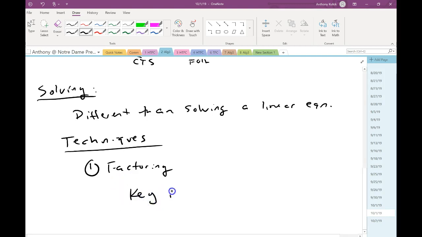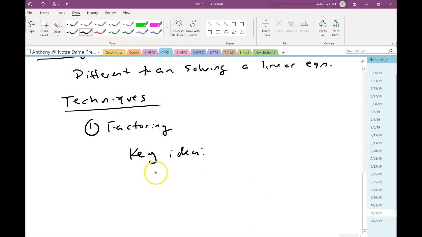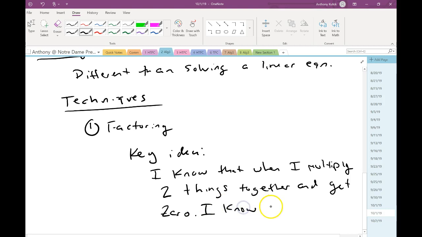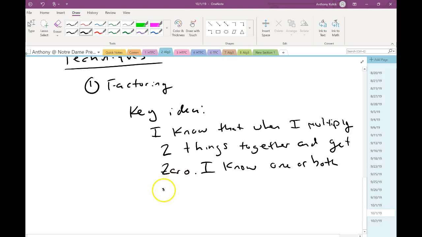So the key idea is going to be this. When we multiply two things together and get 0, we know that one or both of those two things have to be 0.